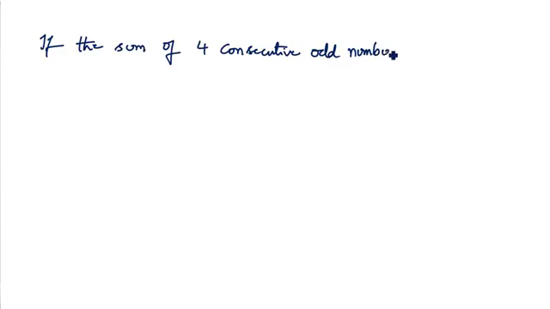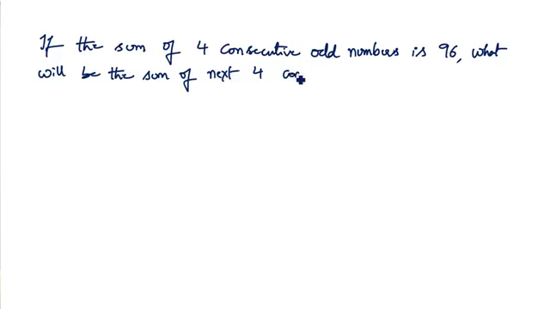It says if the sum of 4 consecutive odd numbers, let's say, is 96, what will be the sum of the next 4 consecutive odd numbers? Now don't really expect such questions in your exam.